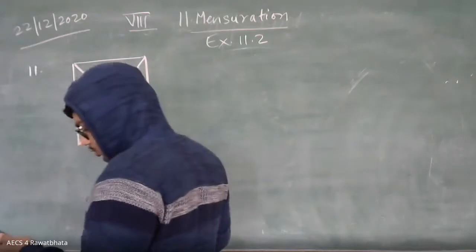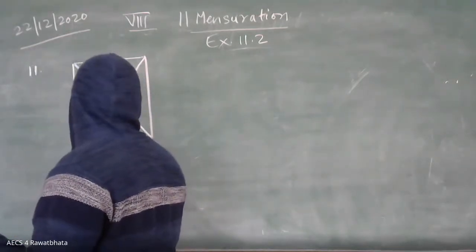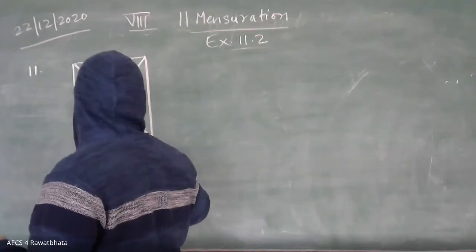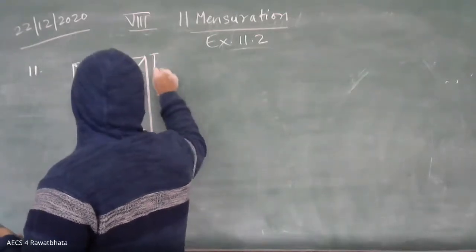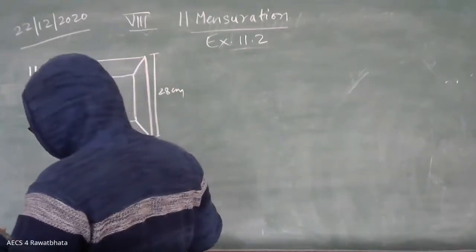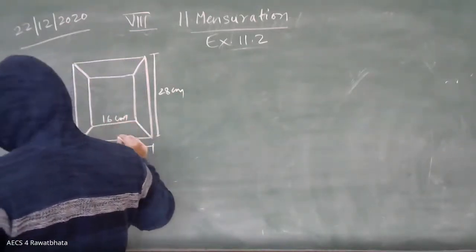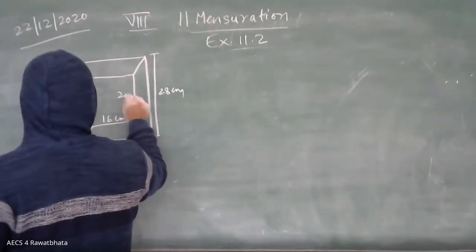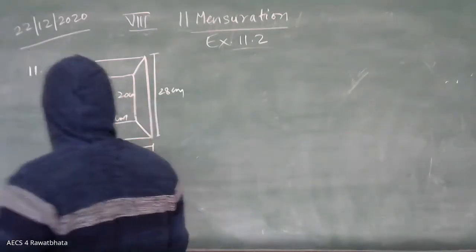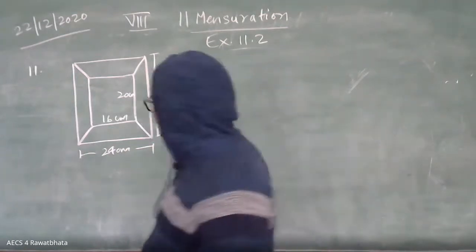Outer dimensions are 24 centimeter and 28 centimeter, and inner dimensions are 16 centimeter and 20 centimeter. We have to find out the area of each section of the frame.